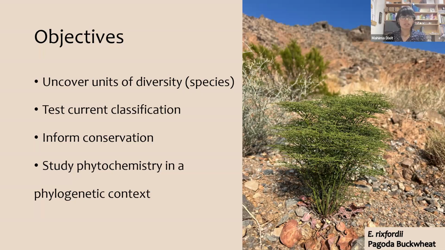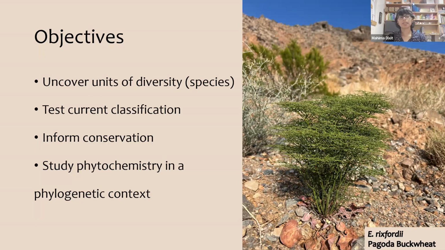And with this information, I am informing conservation because by figuring out who is who and identifying vulnerable populations, we can make these conservation recommendations based on their critical habitat, and we can figure out how rare they are.